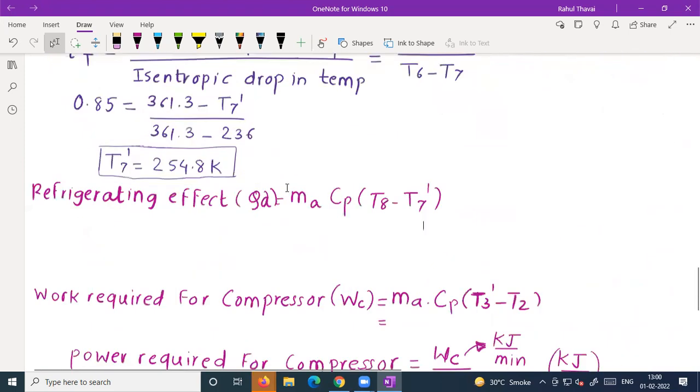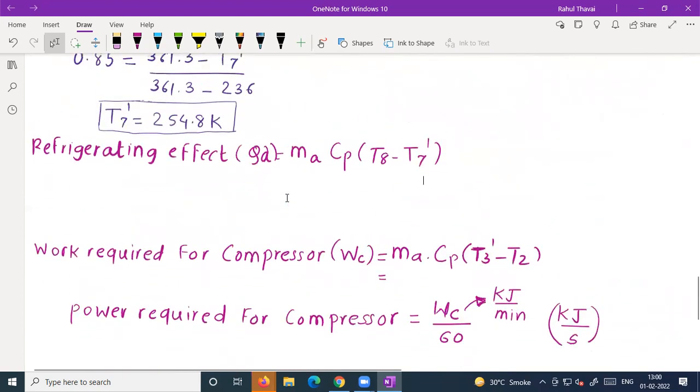So let us do that. Let us finish it fast. When you calculate this, the mass of the air into Cp of the air into T8 minus T7 dash. But I want this refrigerating effect, that is Q, and the value of Q is given in tons.